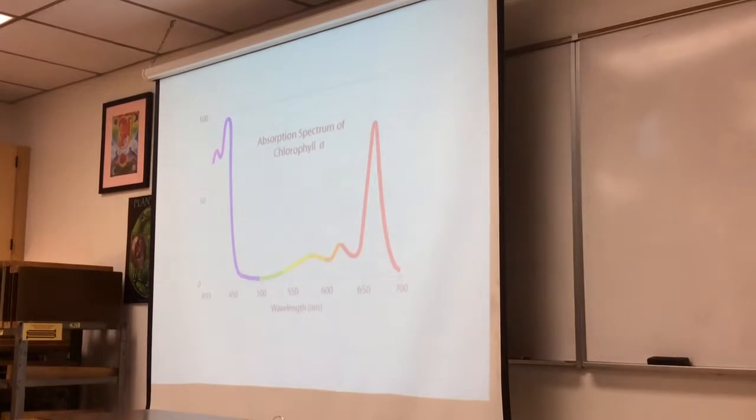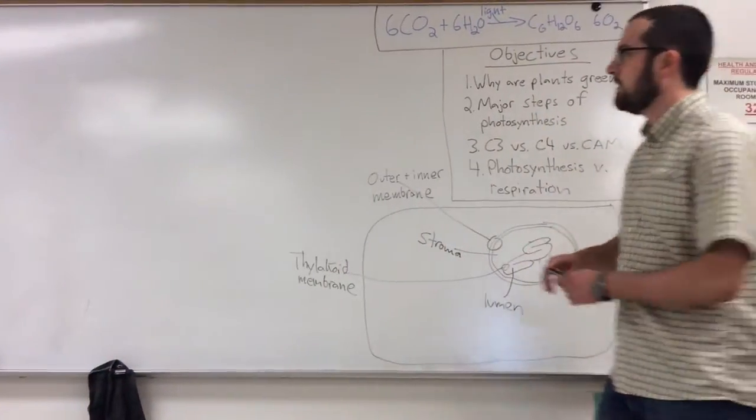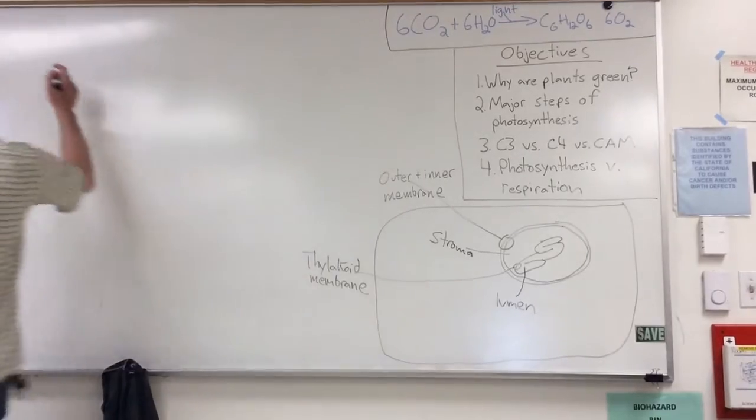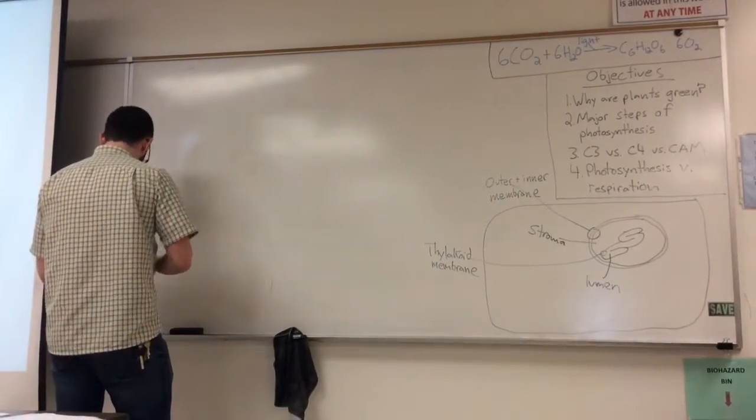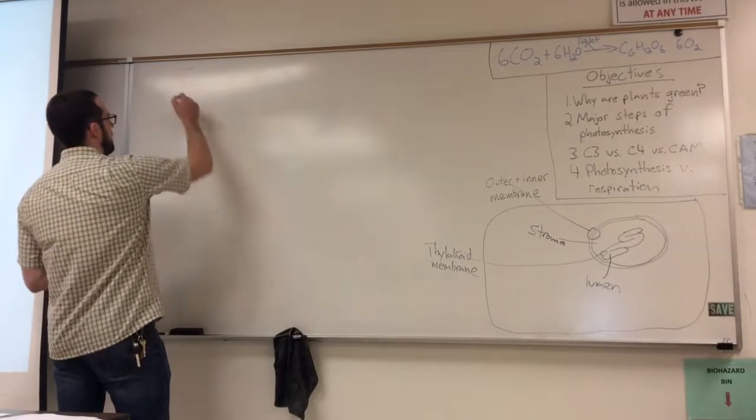how the chlorophyll actually takes that light energy and then does something chemically with it. And so these chlorophyll molecules are going to be located, actually embedded into our thylakoid membrane. So we can visualize that like this.